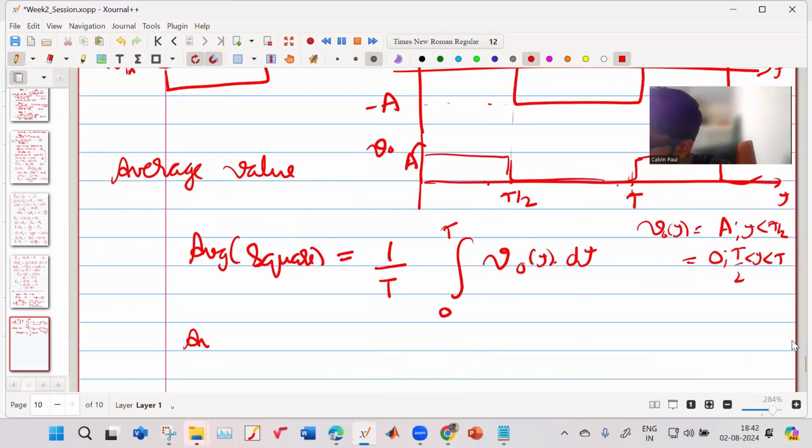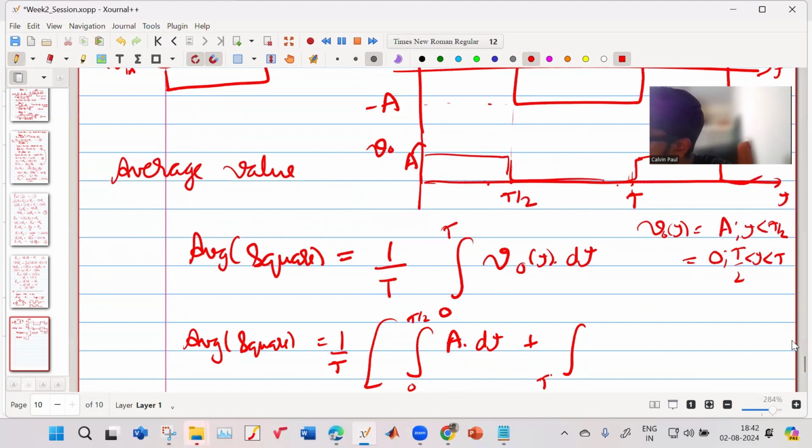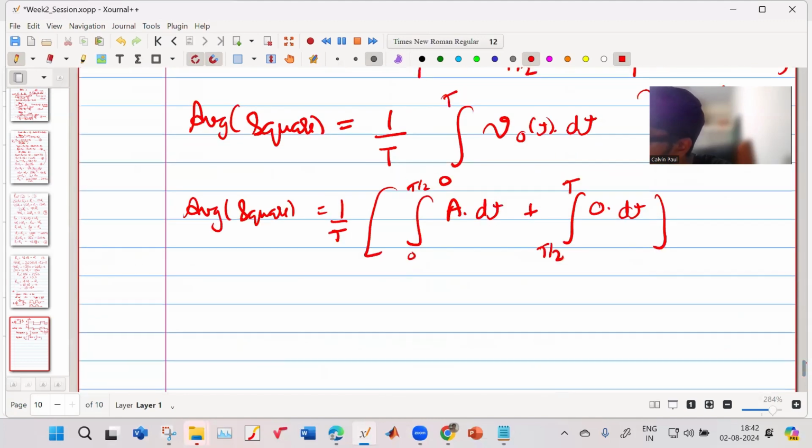So my average value of the square wave will be equal to 1 by T. Then I break it down. I make it from 0 to T by 2, it is A into dt, plus from T by 2 to T, it becomes 0 into dt. Now this is 1 by T into A into T. The integral, A is a constant, comes out, dt integration becomes t, but the limits are from 0 to T by 2.